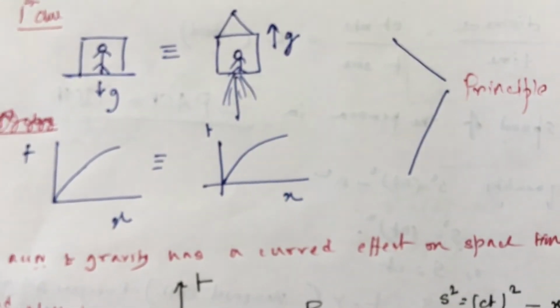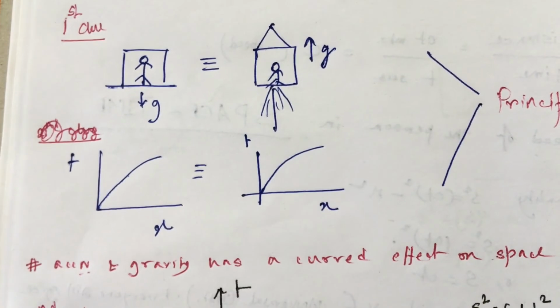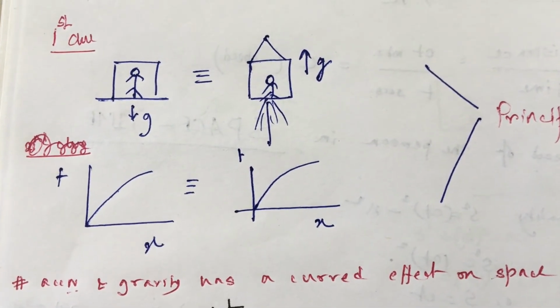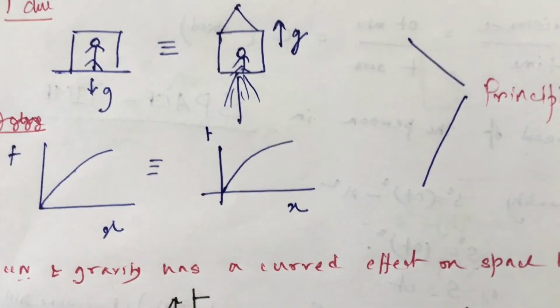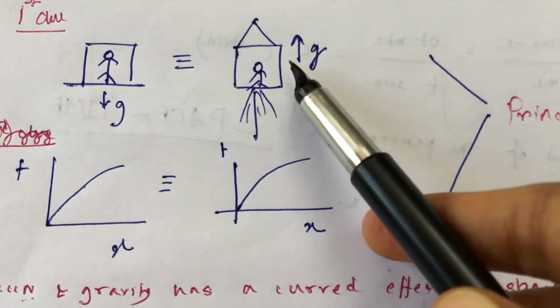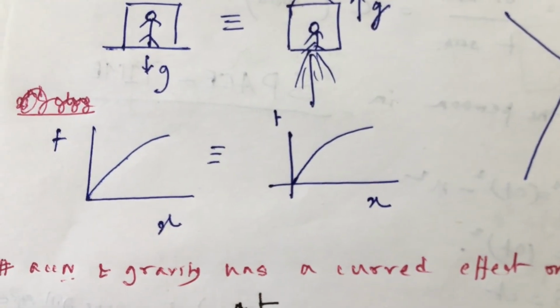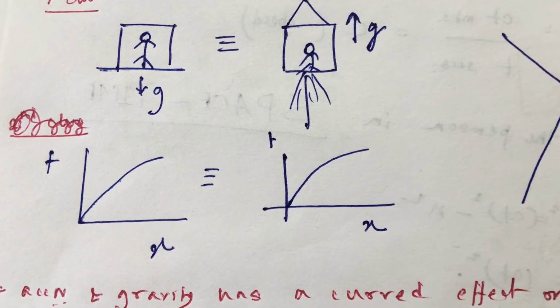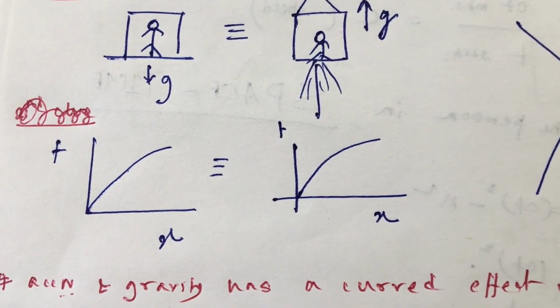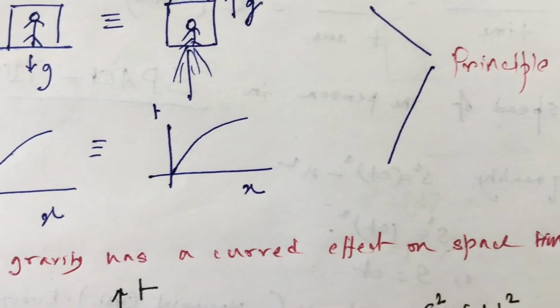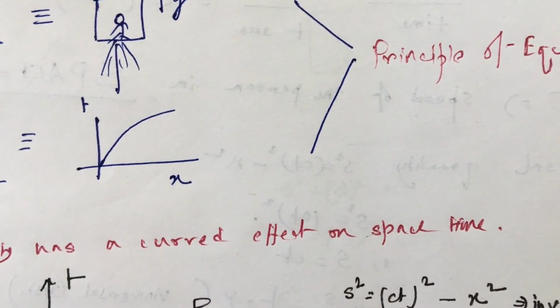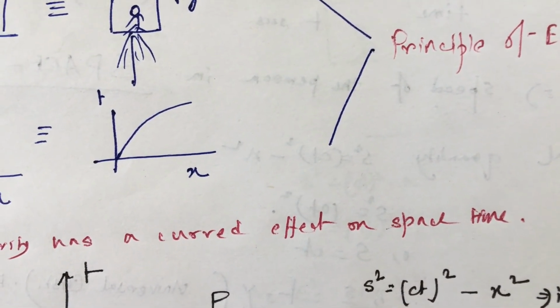And from the equivalence principle, we can conclude that acceleration in this rocket and the effect of gravity both are the same. So acceleration and gravity have a curving effect on space-time.